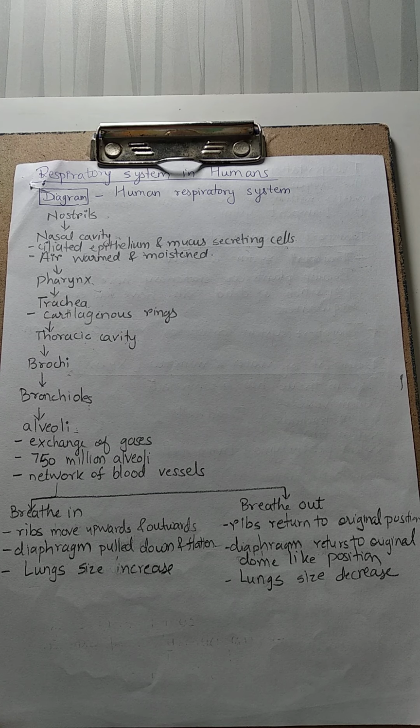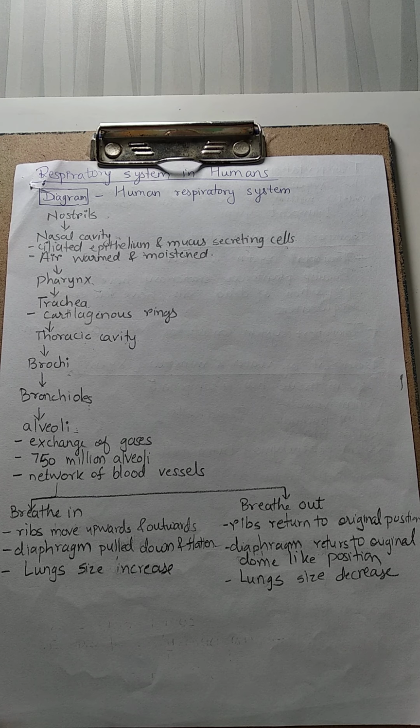Cartilaginous rings का मतलब होता है रिंग्स के फॉर्म में बहुत सारी रिंग्स, आप सोचिए एक स्टैक बना देंगे तो how it will look like, वैसा उसका स्ट्रक्चर होता है और बोनी स्ट्रक्चर नहीं है, वो कार्टिलेज से बने हुए होते हैं। वो क्यों कार्टिलेज के बने हुए हैं, क्यों नॉर्मल ट्यूबिंग नहीं है? वो कार्टिलेजिनियस इसलिए होता है which prevents the trachea from collapsing even if there is not much air in it.